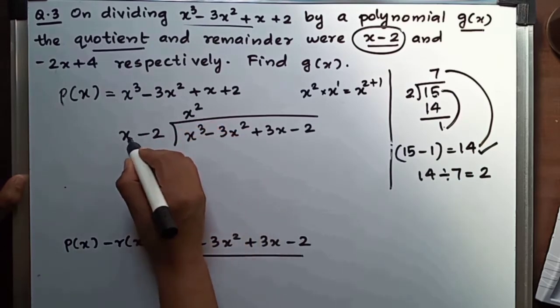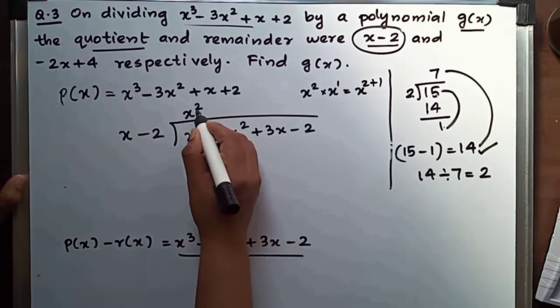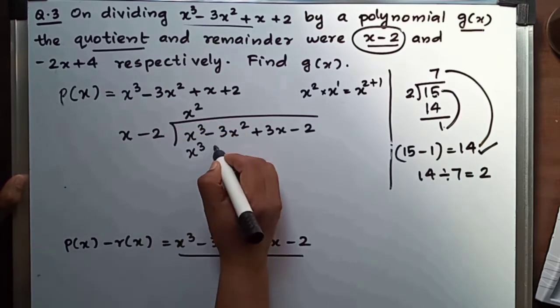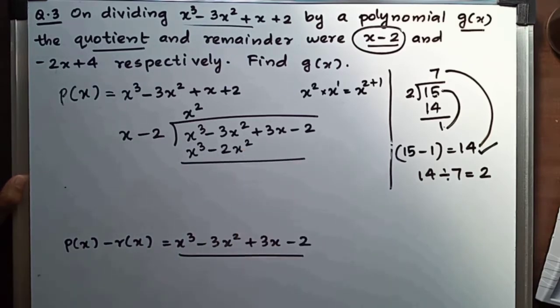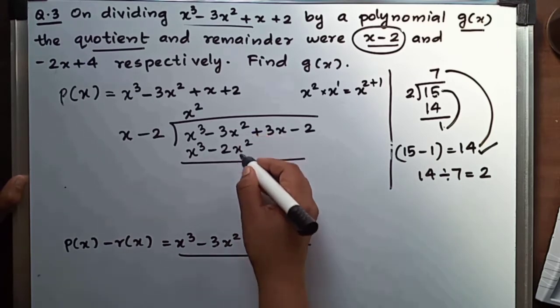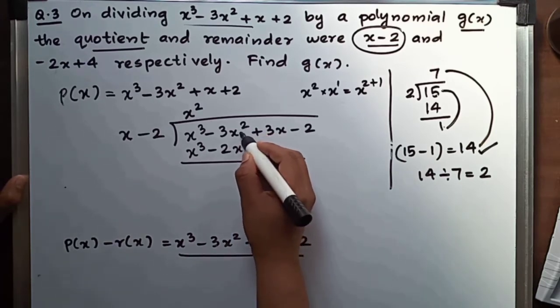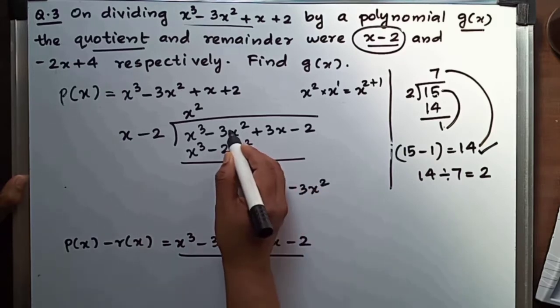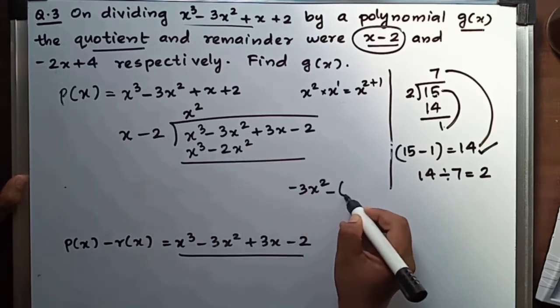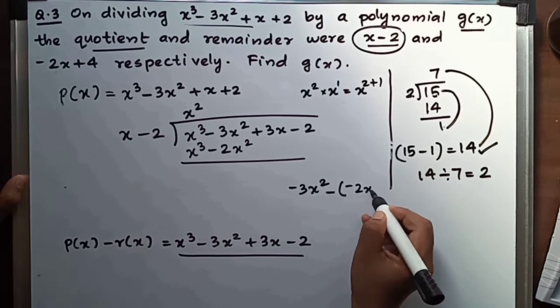So x square into x is x cube, and x square into minus 2 is minus 2x square. Now as in ordinary division we have to do the subtraction.